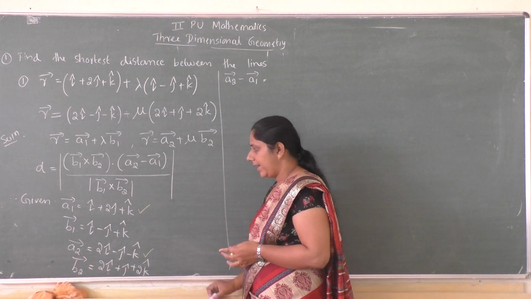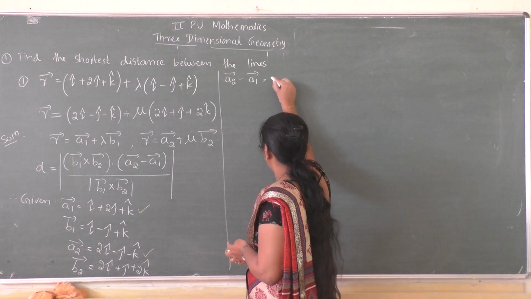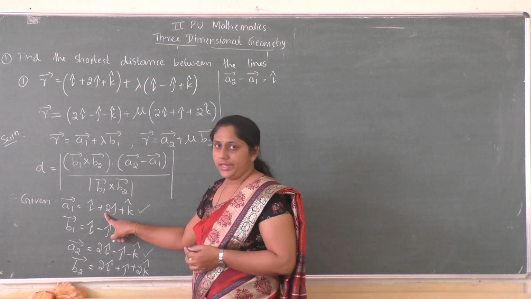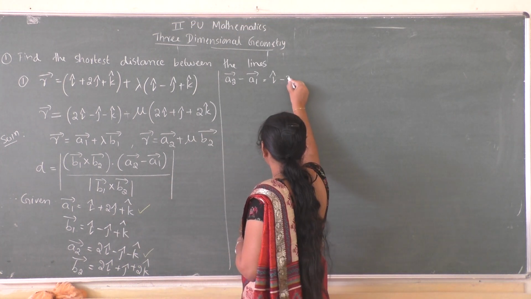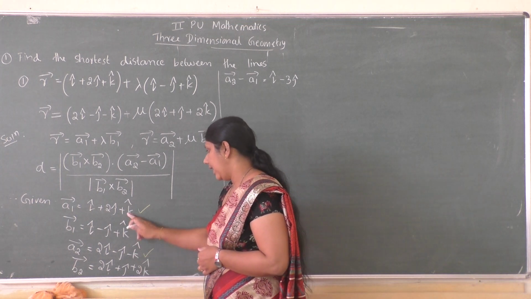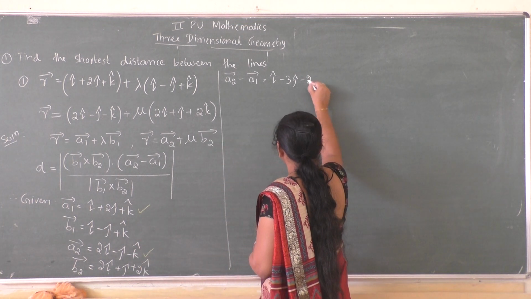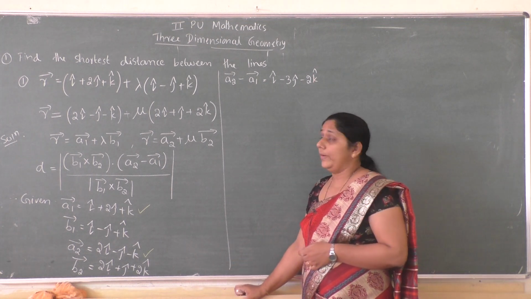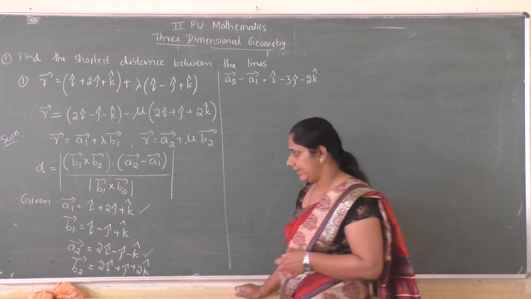So 2i cap minus i cap is i cap, minus j cap minus 2j cap is minus 3j cap, minus k cap minus k cap is minus 2k cap. So this is a2 vector minus a1 vector.